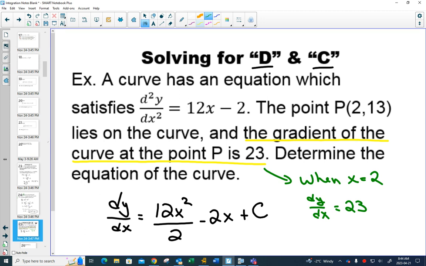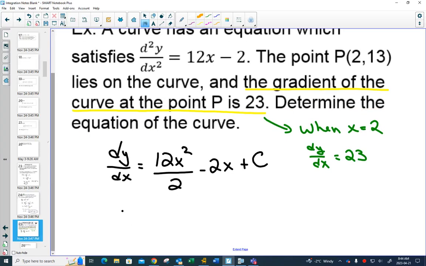This is going to be important because I can plug that information into my derivative equation I just found, and I can solve for c. So I can plug in 23 for the slope. I can plug in 2 for x.